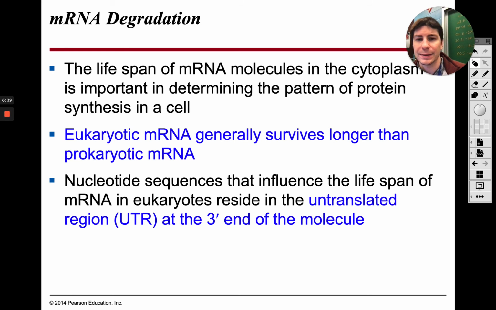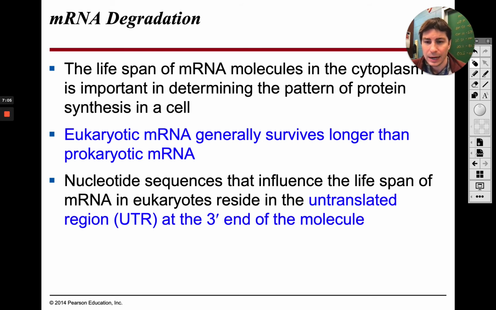I already started talking about this one, but mRNA, we can use it over and over and over again if we want to go from transcription to translation to make various proteins. Now, when we do that, we are going to have that mRNA surviving longer. And in eukaryotic cells, it does survive a little bit longer than prokaryotic cells.